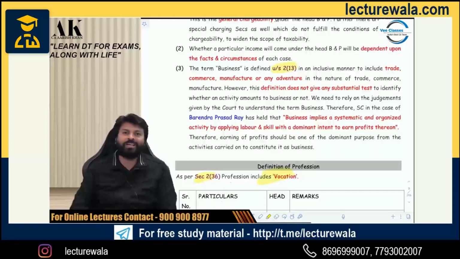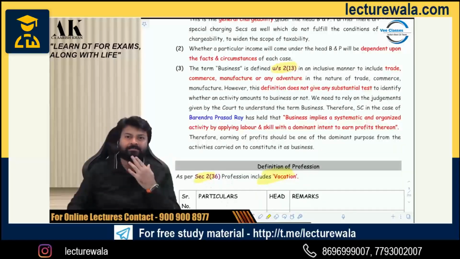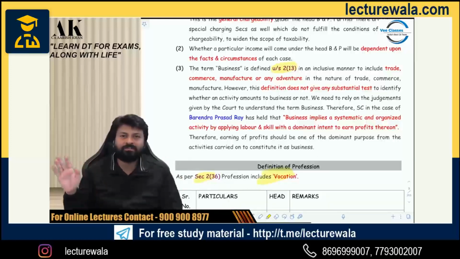For that, you have to go to the dictionary. So what is vocation? If you go to the dictionary and see, it means some occupation requiring some skills. Any occupation requiring some skill is a vocation. Like a doctor is an occupation which requires skill. Chartered accountant is an occupation requiring skill. Lawyer is an occupation requiring skill. Is a certificate, degree, etc. required? No. To call anything a profession, there is no need for any certificate or degree.